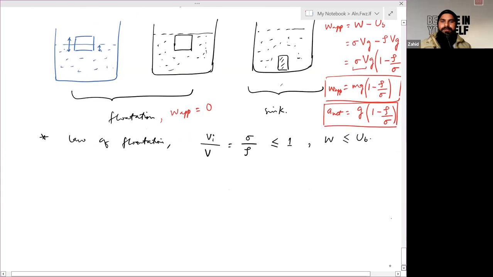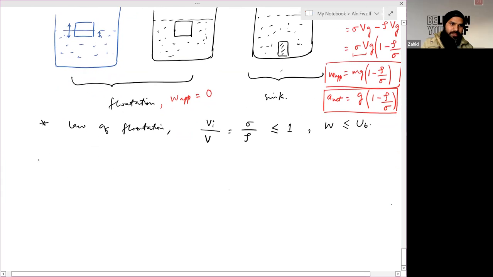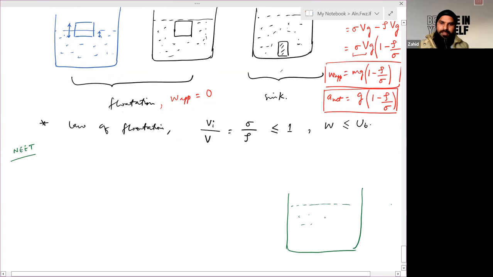Using this concept, let me define your question. Suppose a body is dropped into a bath of liquid from this height.